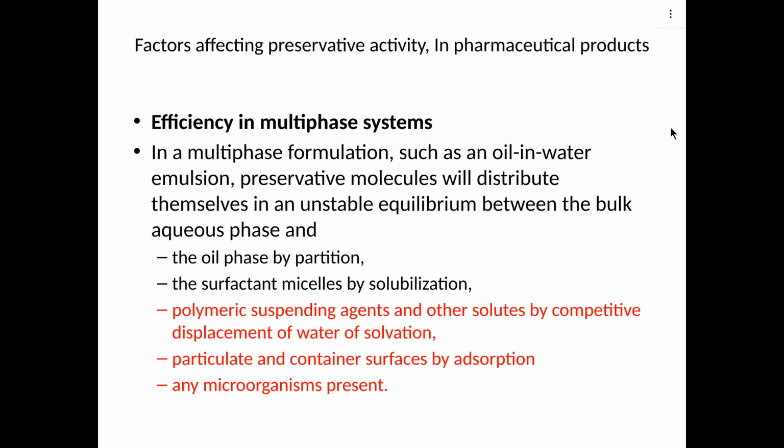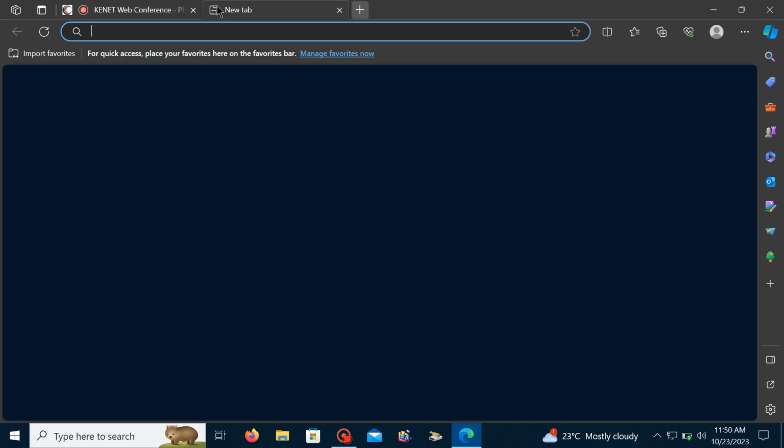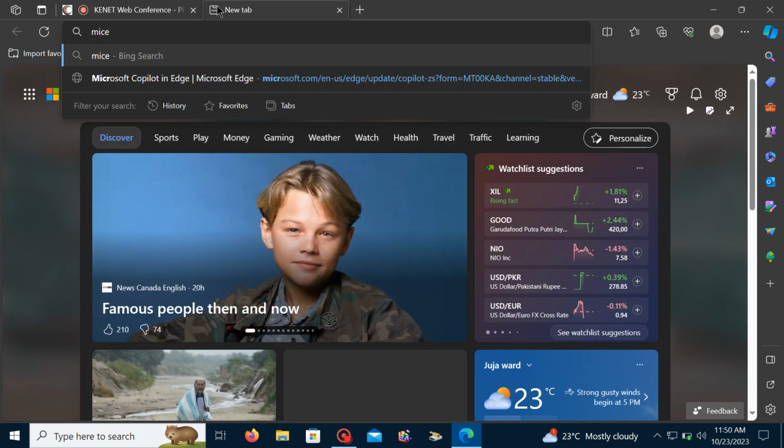Remember, micelles will offer a hydrocarbon center. I hope you remember the structure of a micelle. Let's see if you remember the structure of a micelle.